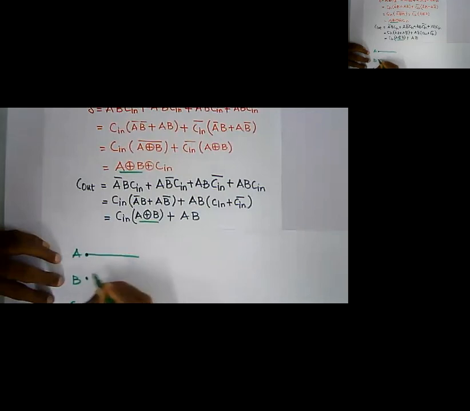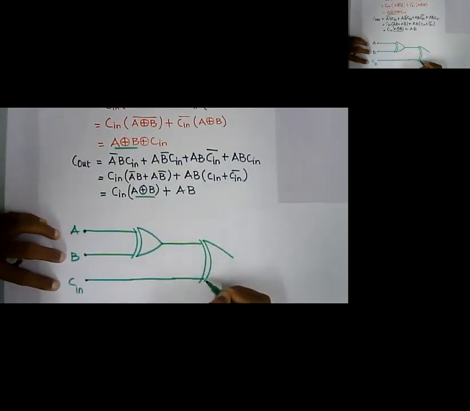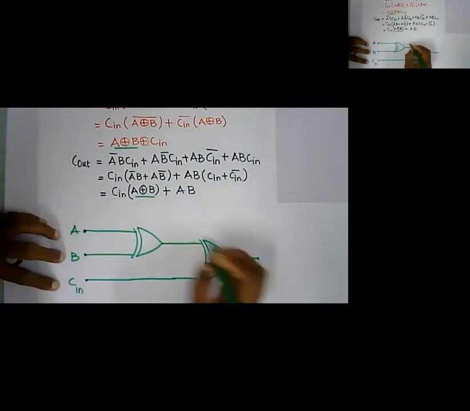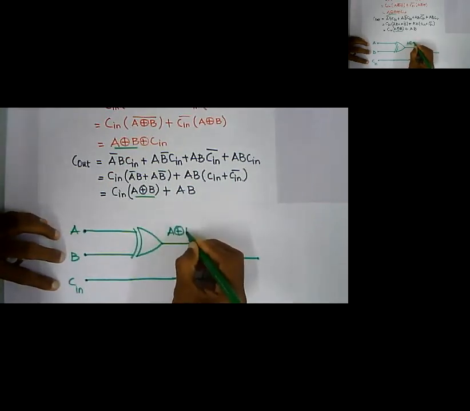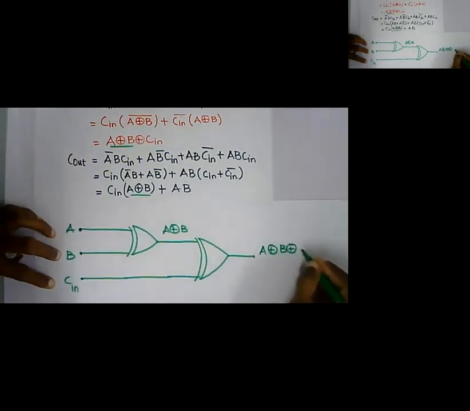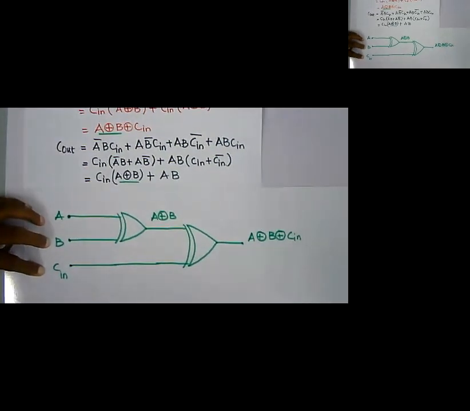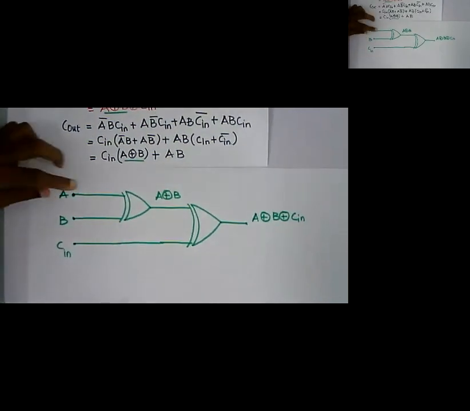I have an XOR gate for A and B, giving A XOR of B, and then a second XOR gate with C in, giving A XOR of B XOR of C in. Clear, right? This will be A XOR of B XOR of C in.